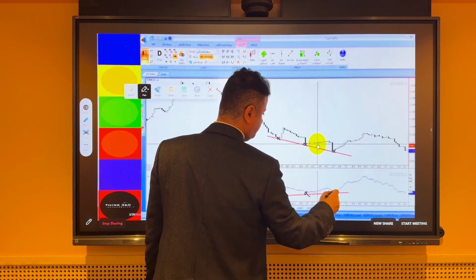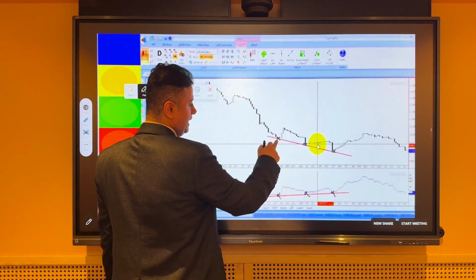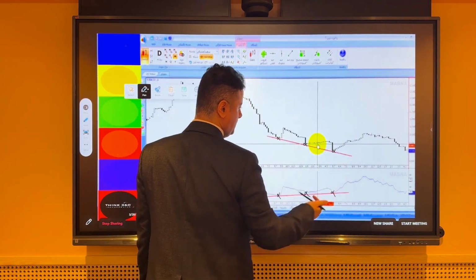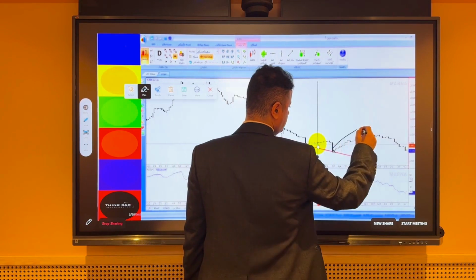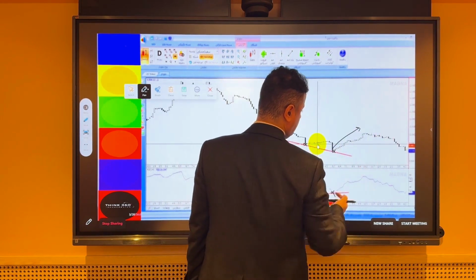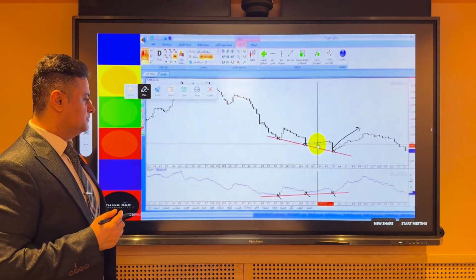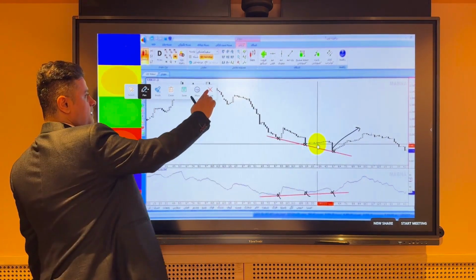In these areas, see, valleys have formed a line with a negative slope. Valleys have formed a line with a positive slope, after which the index was positive for many, many days, almost continuously, and we actually predicted a month of positive market here. Let's move on to the next slide.